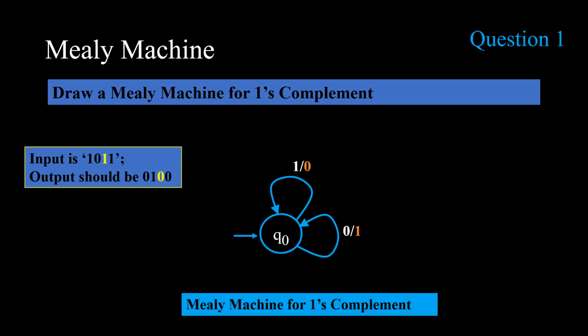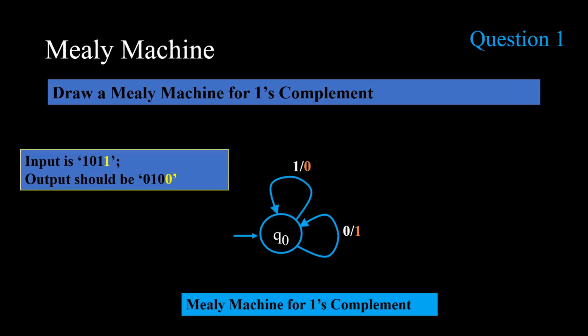Likewise, I have the third character, which is 1. Transition will take place corresponding to 1. Output will be generated as 0, and the final transition will take place in the similar manner. Input will be 1 and output which will be generated is 0. So this is how we draw a Mealy machine for 1's complement, and the trace we have given is for a 4-bit input string.